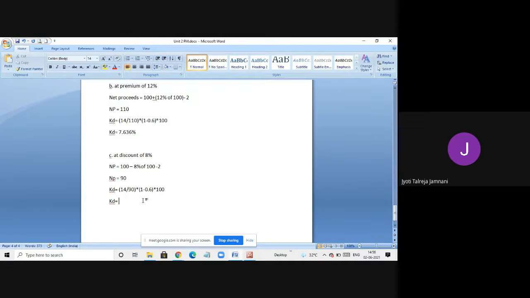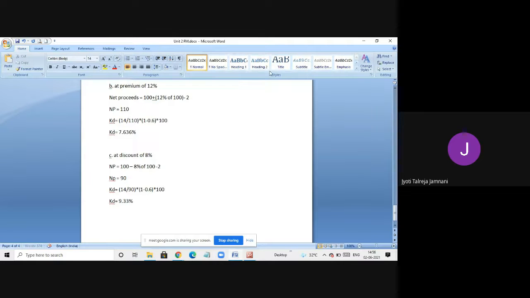And the last one, 14 divided by 90 into 0.6 into 100, 9.33%.